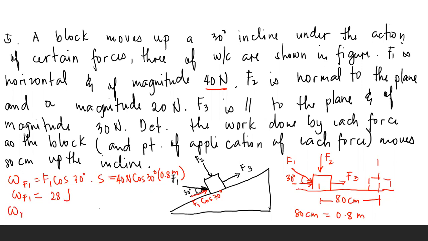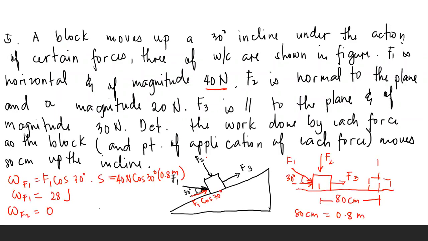While the work at F2 is equal to 0. Why? Because your F2 is perpendicular with the displacement. Now, for the work at F3, F3 is equal to 30 newtons multiplied by 0.8 meter. Therefore, your work at F3 is 24 joules.